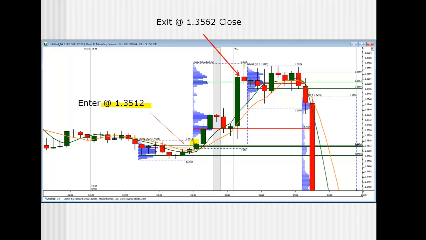And now, why would I exit here? Well, the answer is really very simple. In this instance, we have created a higher high in the market, and then we see a wick, a very strong wick.